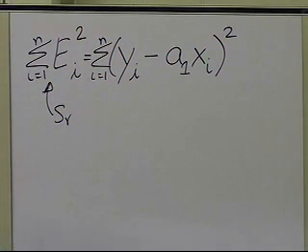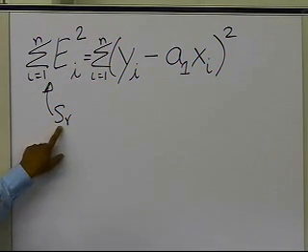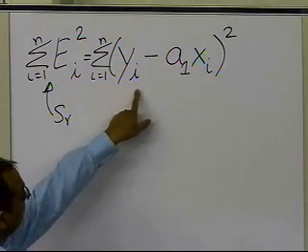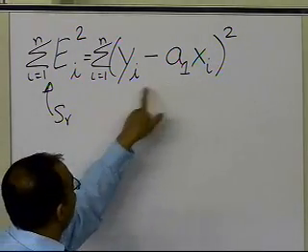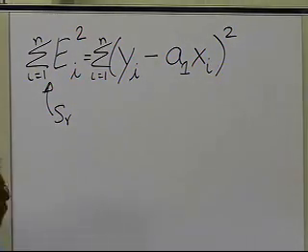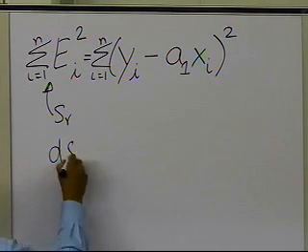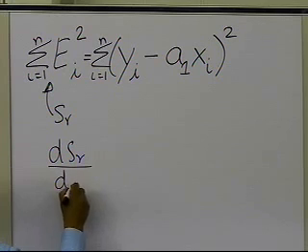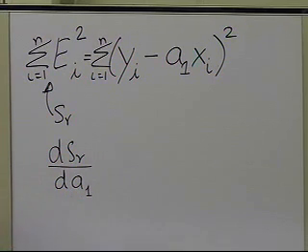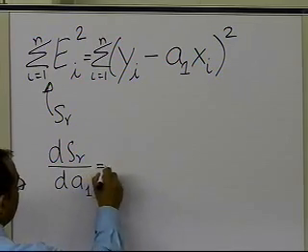So for this model, the sum of the square of the residuals is simply squaring the residual at each point and adding them all up, just like for the regular linear regression model. Now, in order to find a1, all I have to do is take the derivative with respect to a1 and put that equal to 0.